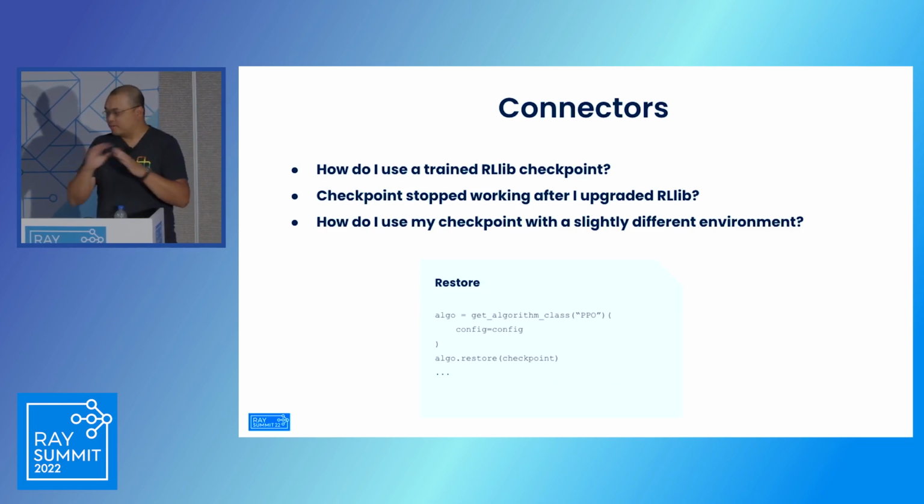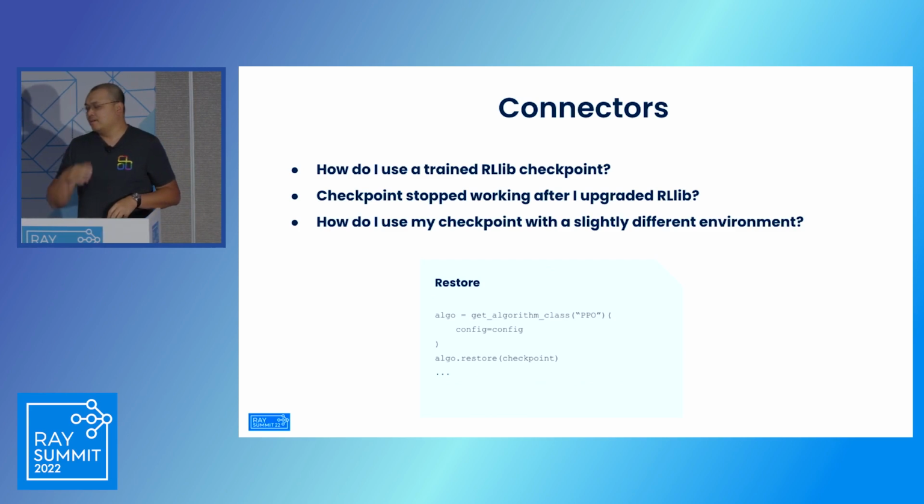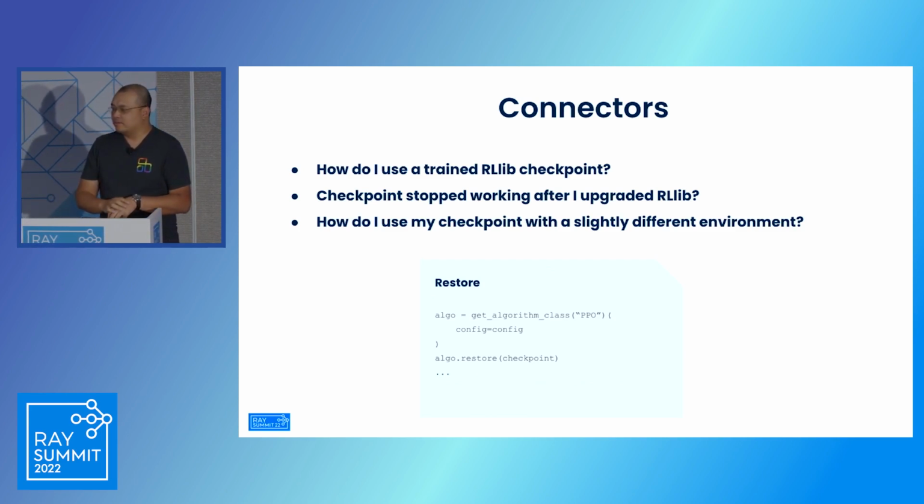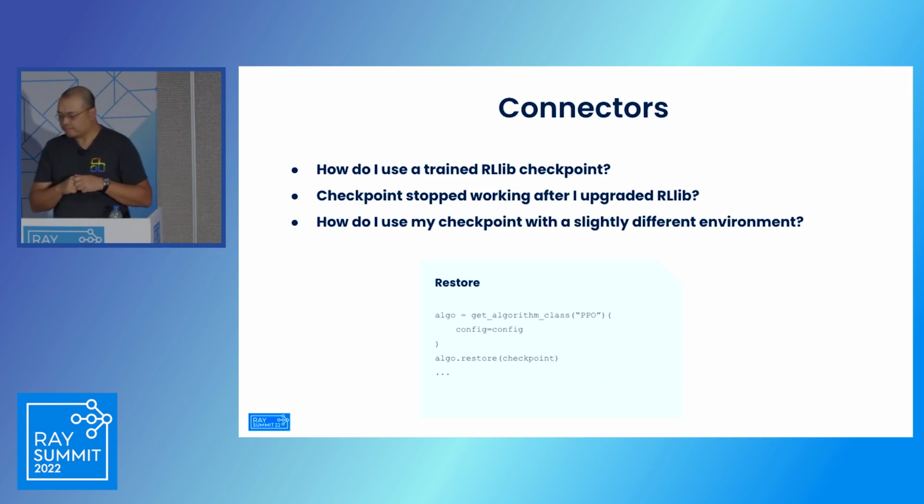Actually, it happens throughout the framework, sometimes at random places that are not very intuitive. So if you do that, then the only way for you to use the checkpoint is to grab the entire training framework, plug your environment in, and hopefully you will get the same computation in serving and inference.